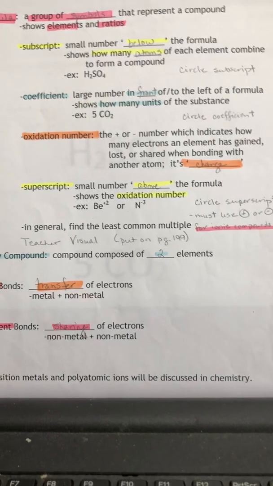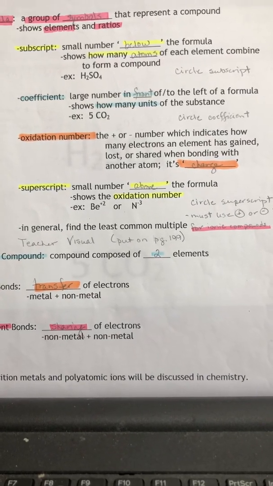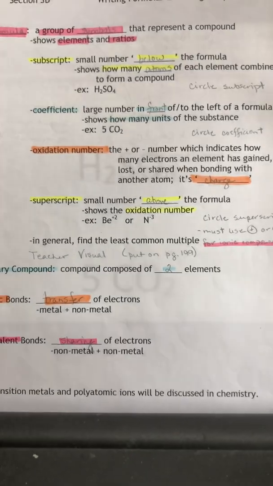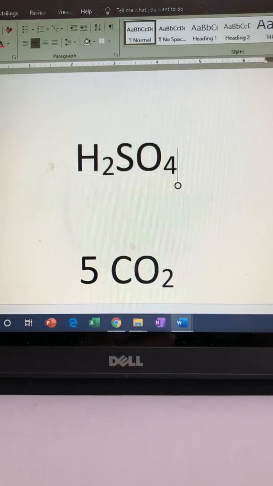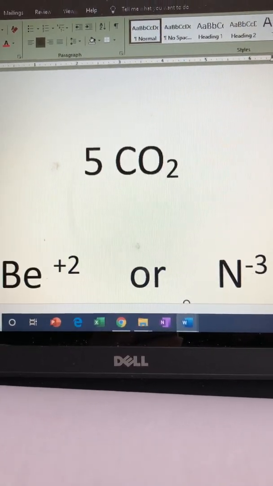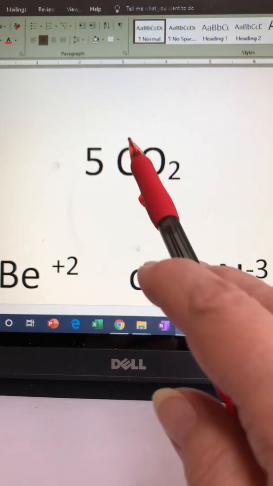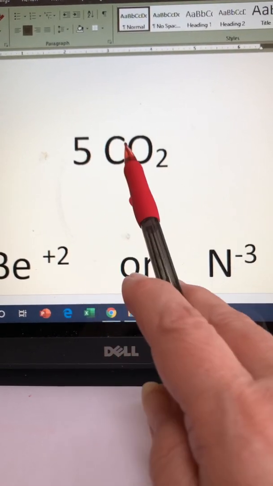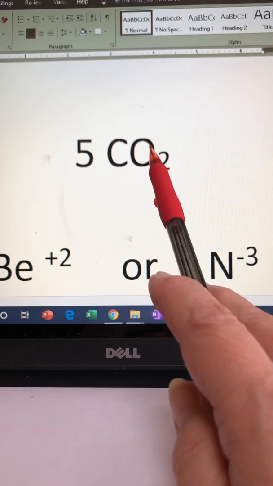The coefficient is the large number in front of or to the left of a formula. And it's going to tell you how many units there are. So, for example, the example that I give you is that there are 5 CO2s. This means that there are 5 molecules of carbon dioxide.